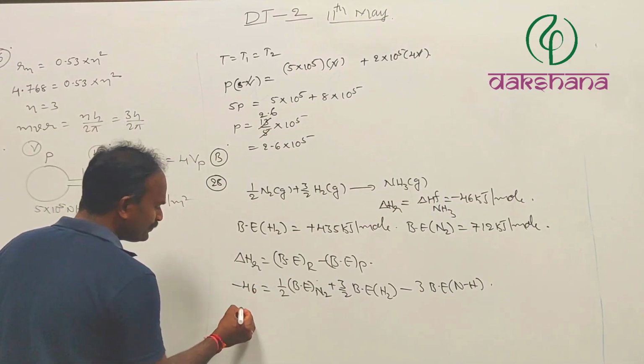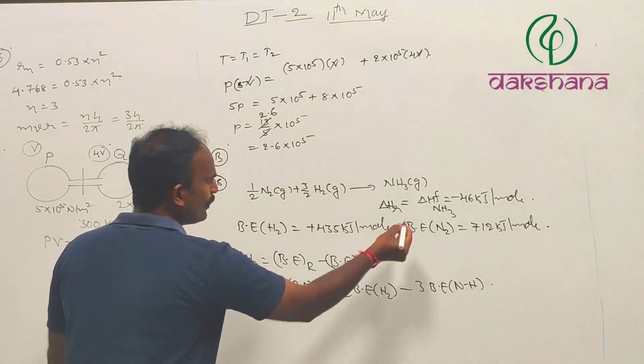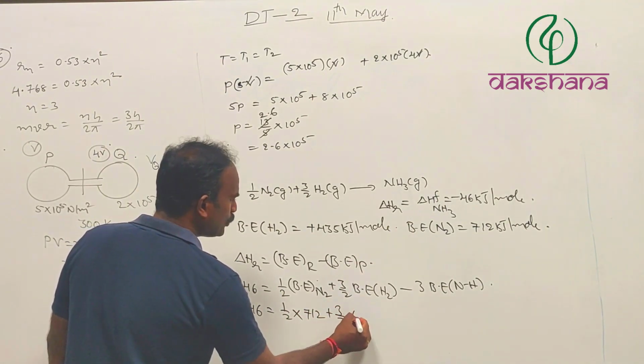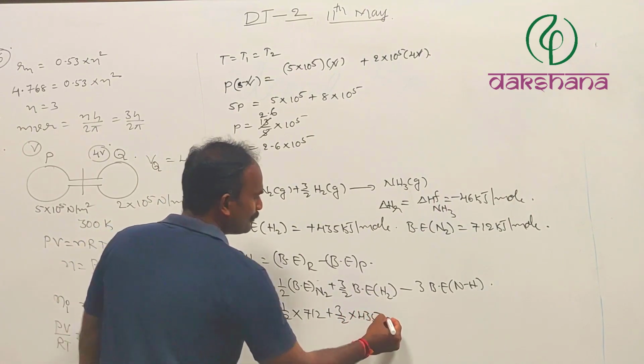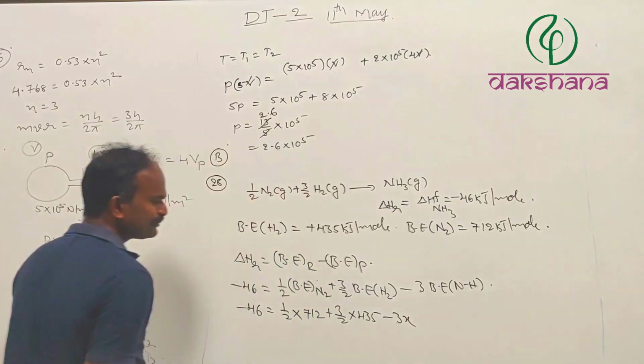Now this is minus 46, that is equal to 1 by 2 into bond enthalpy of N2, 712, plus 3 by 2 into 435 minus 3 into bond enthalpy of NH, let us suppose it is X.